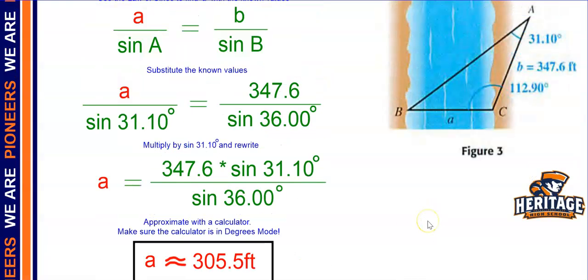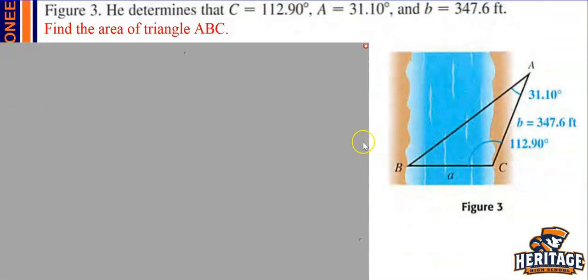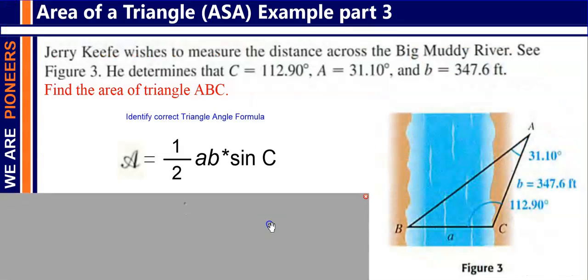Now we can use the area of a triangle formula, since we now have side angle side. How do I know that? Well, we just found side A, we were already given angle C, and we were already given side B. That's why we needed one of the sides to do that. So I have that now set up. Now we can use the correct triangle area formula.